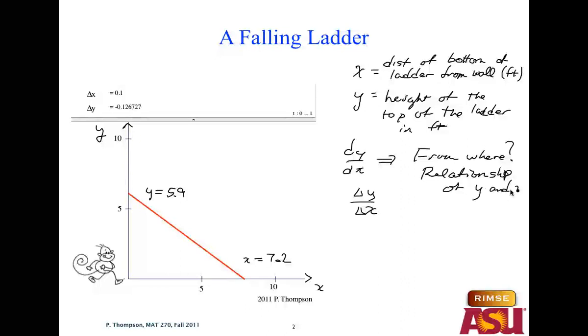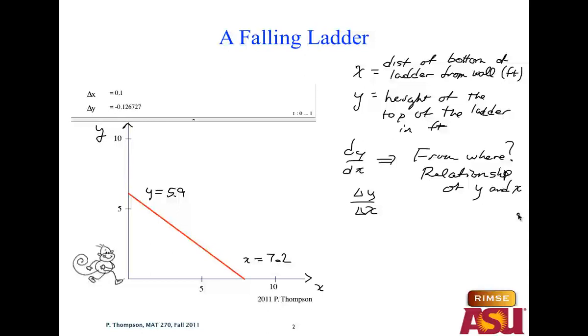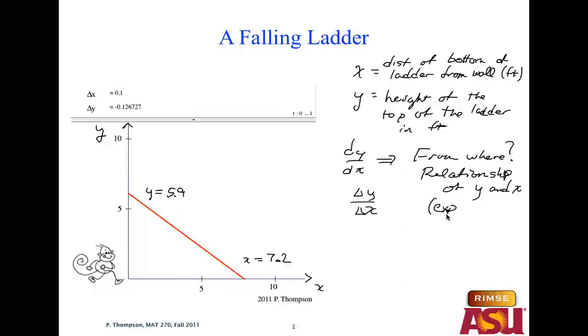This is not a subtle point. We took it for granted that to get an exact rate of change, we needed the relationship of y and x first, whether explicit, like all of your mastery ones, or implicit like we've been doing the last day or two.